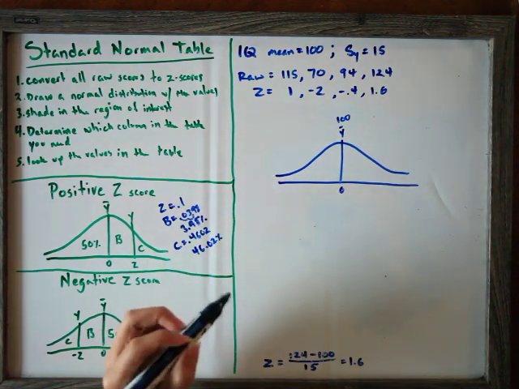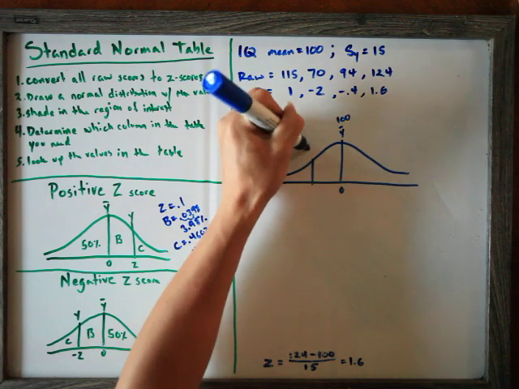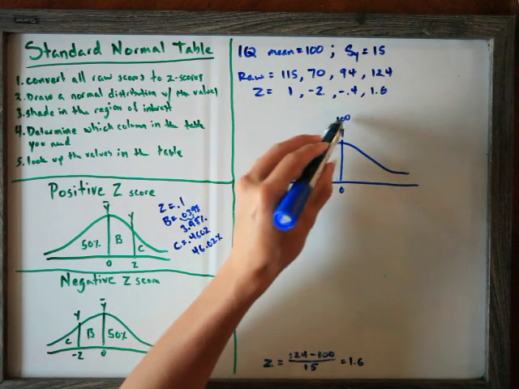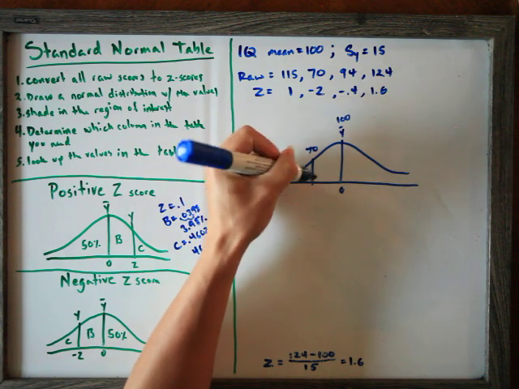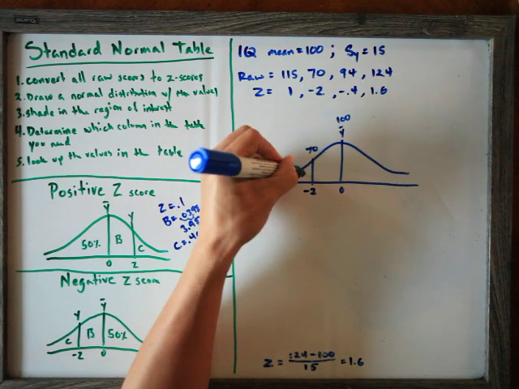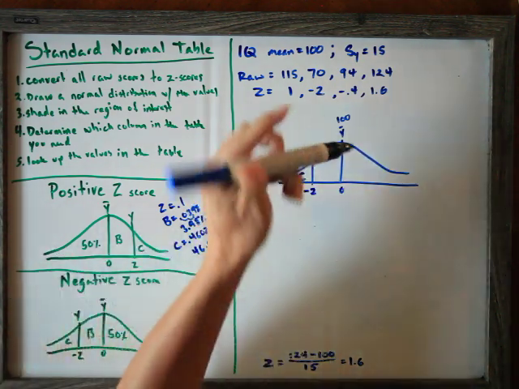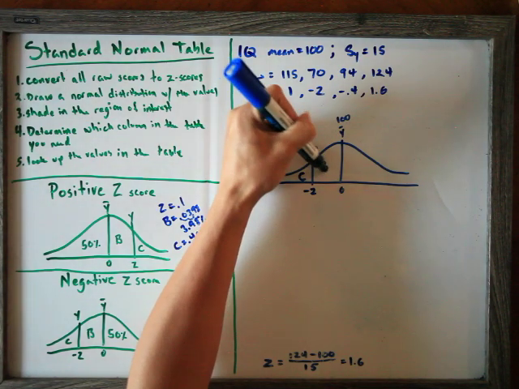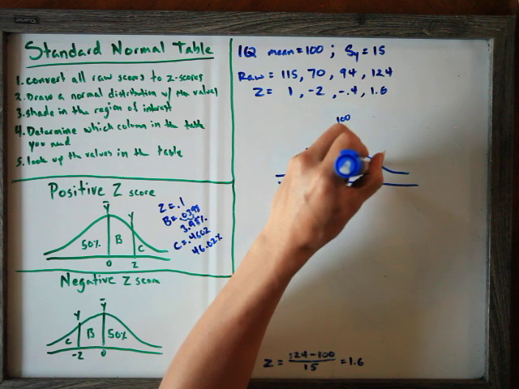This time, we're going to draw a line on the left side because 70 is less than 100. 70 goes to the left of 100, and that has a z-score of -2. In this case, C is over here, beyond our z-score. B is in between our z-score and the mean, and the right side is now 50%.